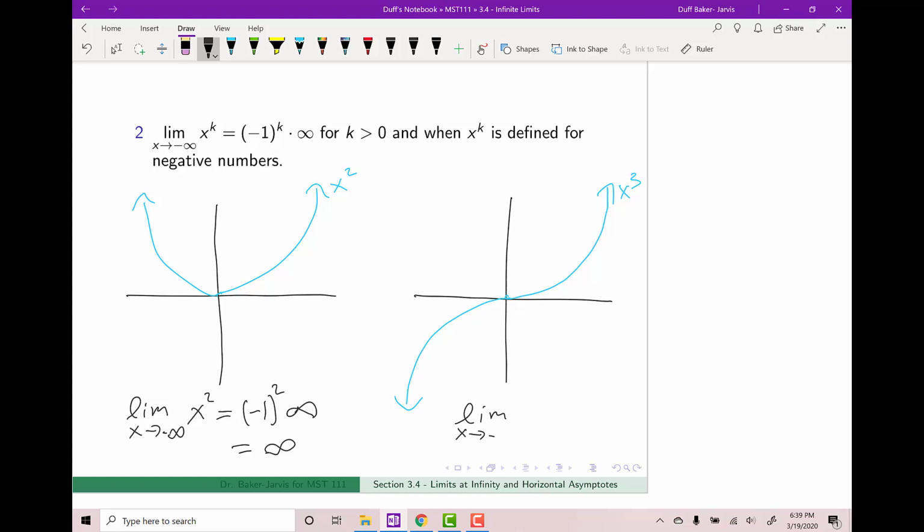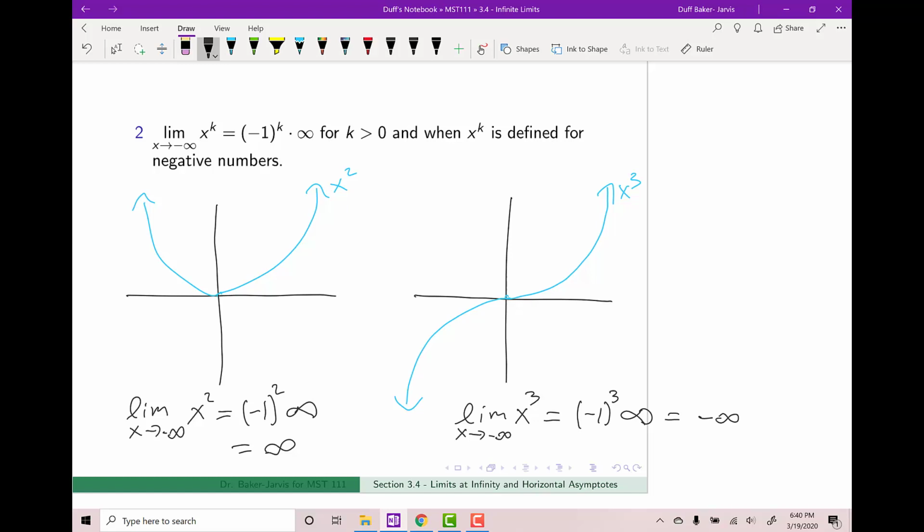And so here, the limit of x cubed is the same as minus 1 cubed times infinity. So this will be minus infinity.